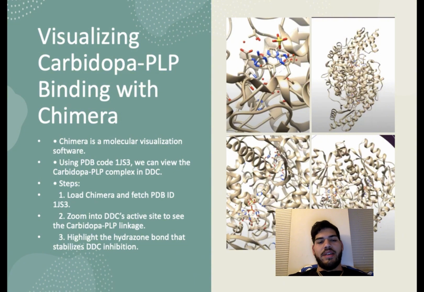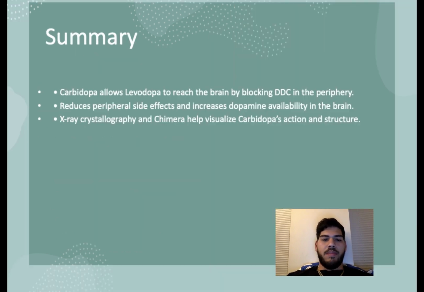So, to summarize, carbidopa is a vital part of Parkinson's treatment because it prevents the premature breakdown of levodopa by inhibiting DDC outside the brain. The selective inhibition allows more levodopa to reach the brain, reducing the side effects and enhancing the therapeutic effects.